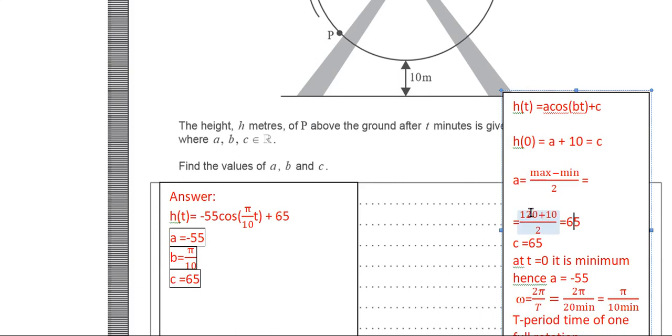The formula is correct, but it equals 55. So amplitude is always maximum minus minimum divided by 2. So we get 55. C we found it is 65.